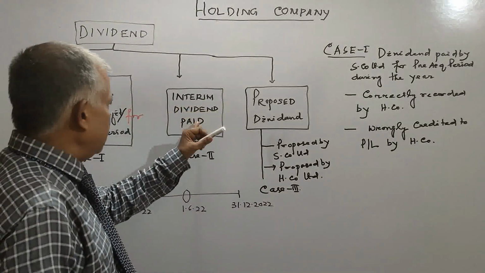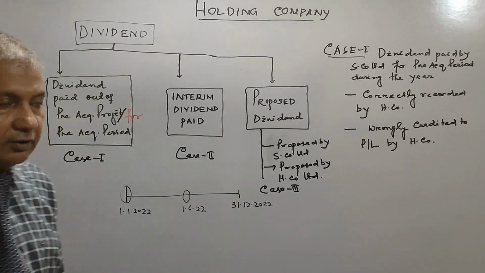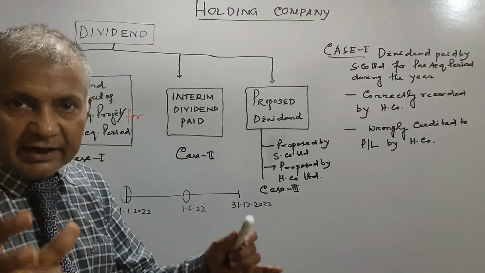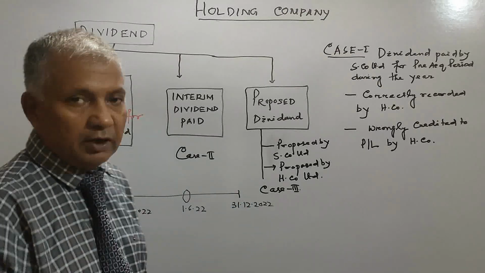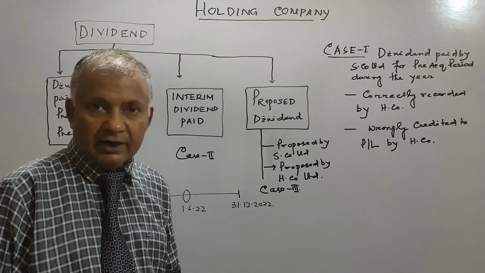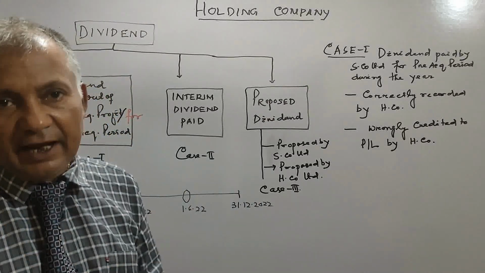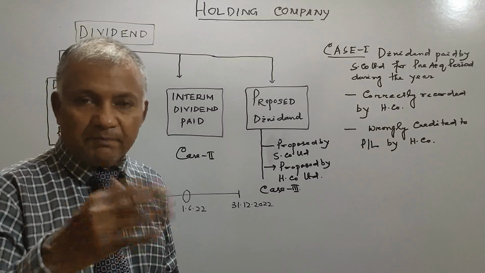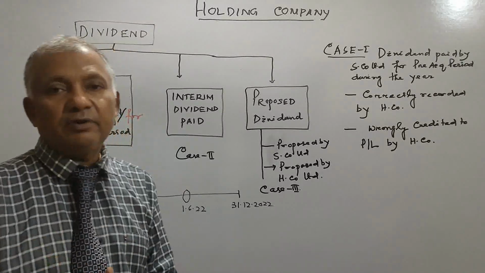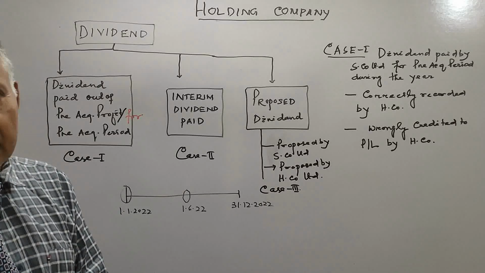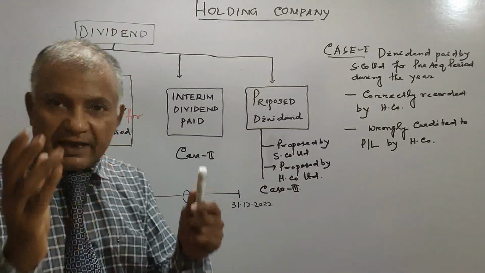This is your interim dividend paid. So interim dividend means dividend for the current year, for certain period. Generally the company pays interim dividend to keep shareholders happy.